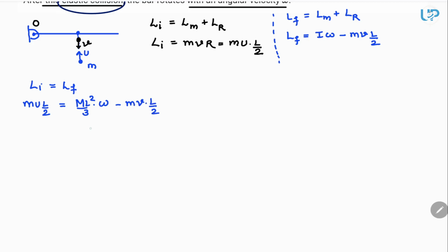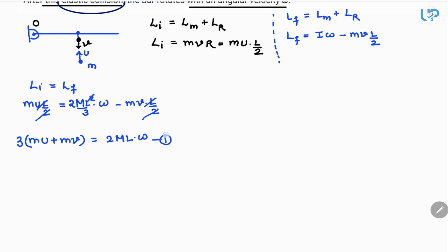So we will have m u plus m v, and we can take 3 here and 2 over here. So mL into omega, isn't it? Because I can take 2 out of here and multiply it here, so 2 mL, and take L out of the equation. So this will be our first equation.